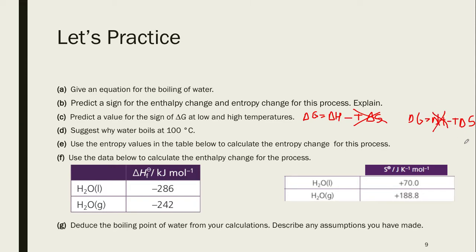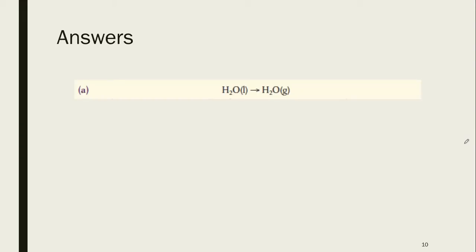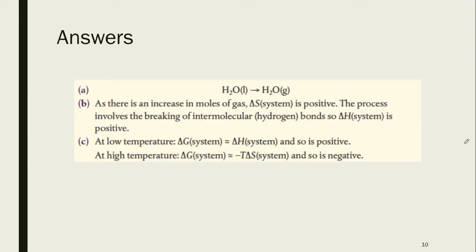So at high temperatures, delta G is equal to negative T delta S. There we see at low temperatures, delta G is approximately equal to delta H, and so is positive, whereas at high temperatures, delta G is equal to negative T delta S, and so is negative. So we can see that temperature does play a big role in determining whether a reaction will be spontaneous or not spontaneous.